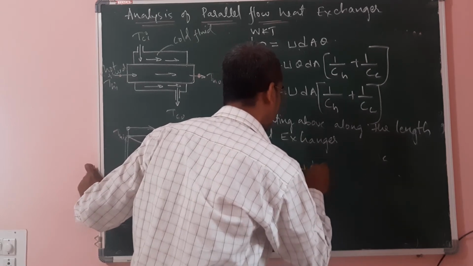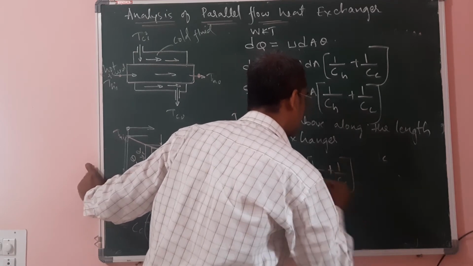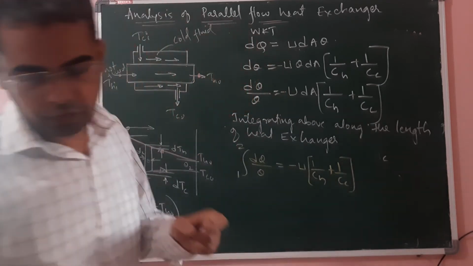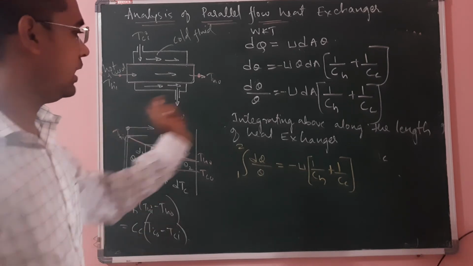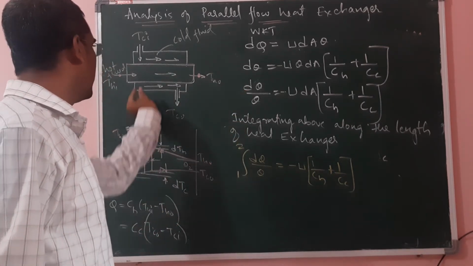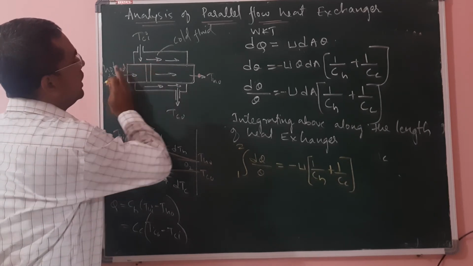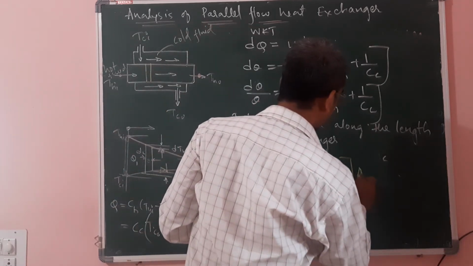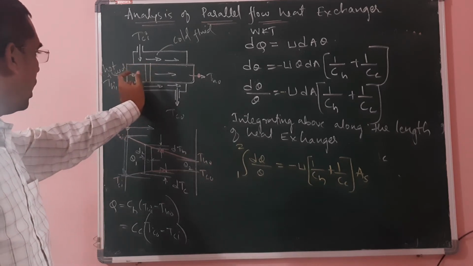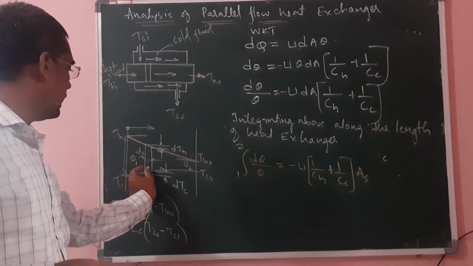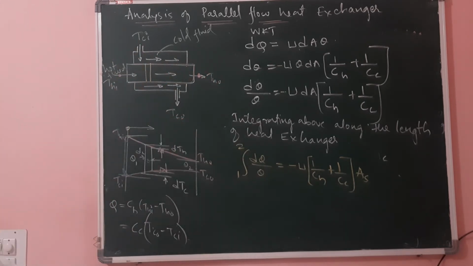U is a constant, and 1 divided by ch plus 1 divided by cc is also a constant. Therefore, integration of dA over the length gives the total surface area AS, since we initially took a small area of thickness dx and then integrated.